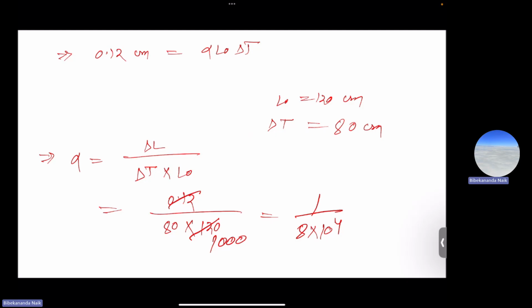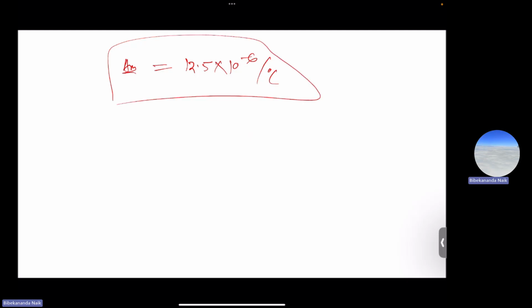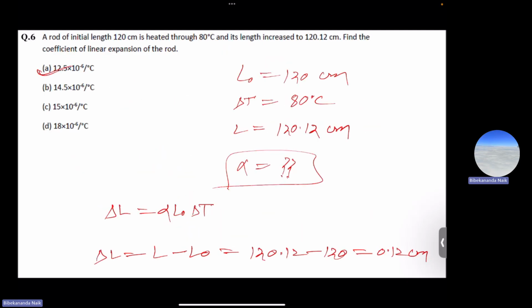It will become 12.5 into 10 to the power minus 6 per degree centigrade. So the correct option is option A, 12.5 into 10 to the power minus 6 per degree centigrade.